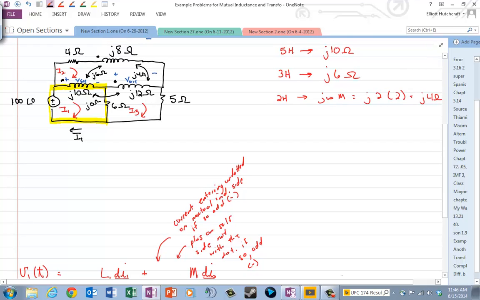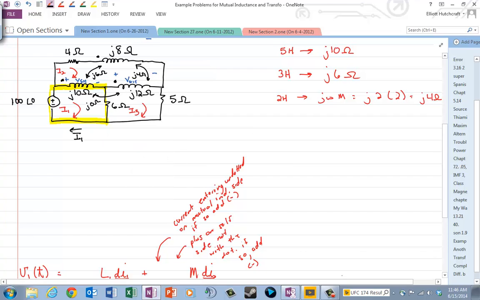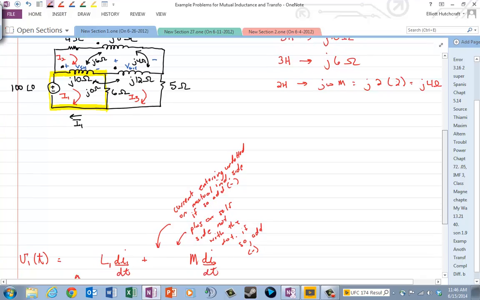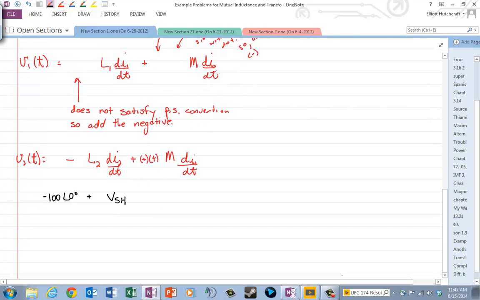So then I'm up here at this particular point, and I need to go down through that 6 ohm. Well, the 6 ohm resistance is going to have I1 minus I3 going down through it, so plus 6 times I1 minus I3. And sum those up, it's equal to 0.